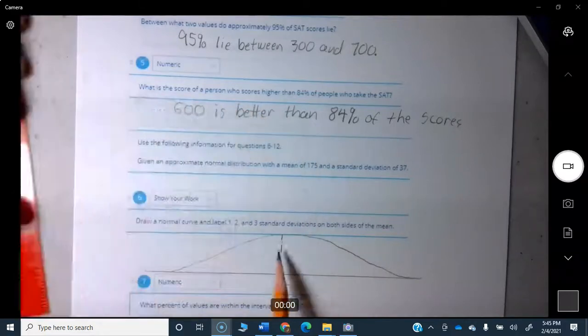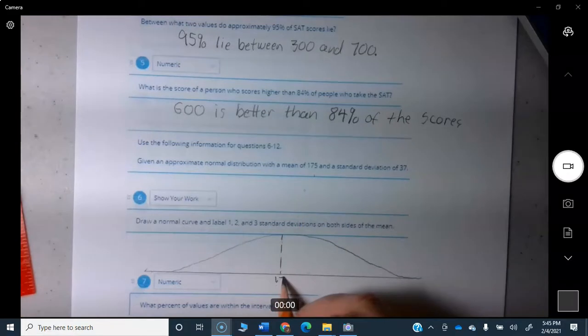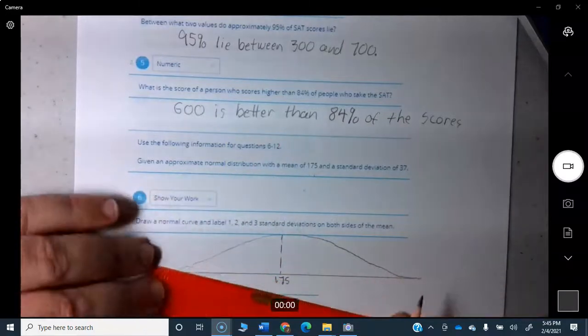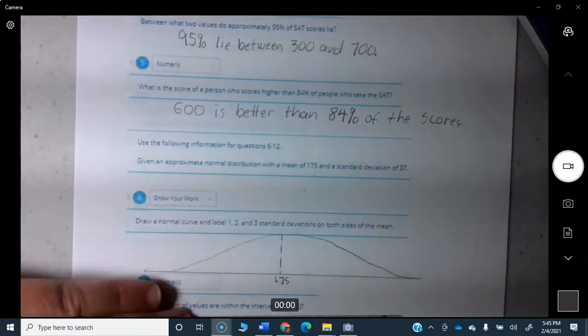So there's the mean. It says the mean is 175. One standard deviation, and these should all be about the same distance. You don't have to really measure it. If I had a better ruler, I could. I'll use inches here.